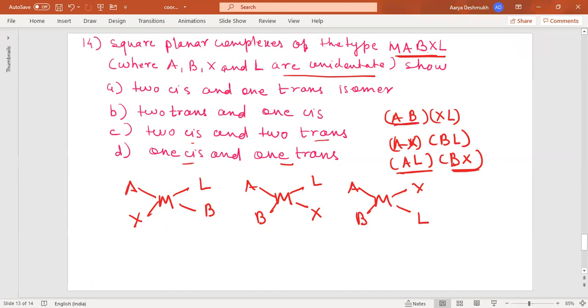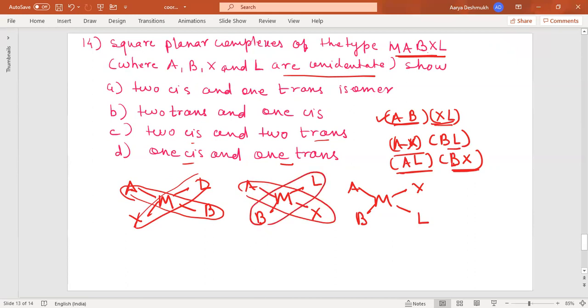So for the first one, this is AB, then XL. Now AX and BL. That is over. Then third, AL and BX.